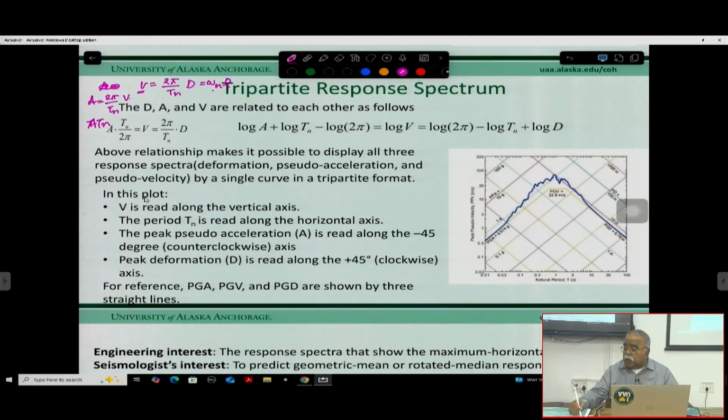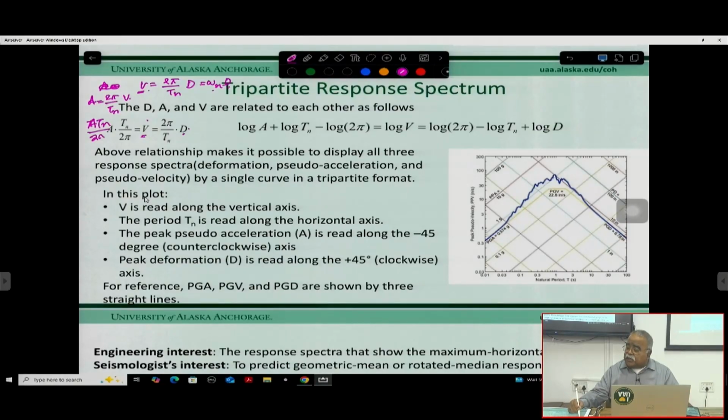Or you can say that A into Tn divided by 2 pi will be equal to V, and then V equals 2 pi by omega n into D, right? So that's the relation, and how V is in between. So 2 pi by omega n into D is the V value, and A will be equal to 2 pi by Tn. We keep V the same, and we have written it this way, right?